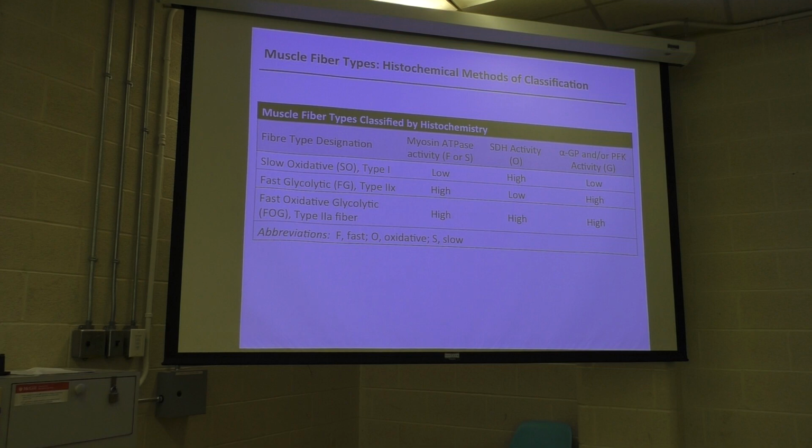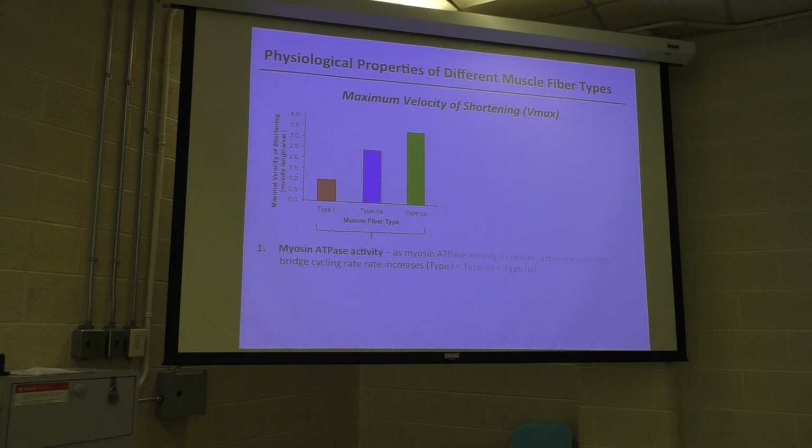SDH activity is going to be higher for the type 1 fibers, and relatively lower for type 2X, and I think it should be a little bit lower than the 2A, although here it says just high. And then you can go through alpha-GPD on your own. Okay, so the mechanical properties change between the type 1 and type 2 fibers.